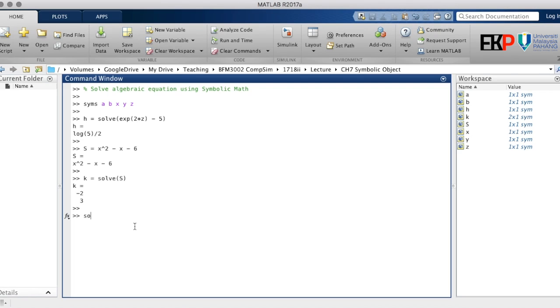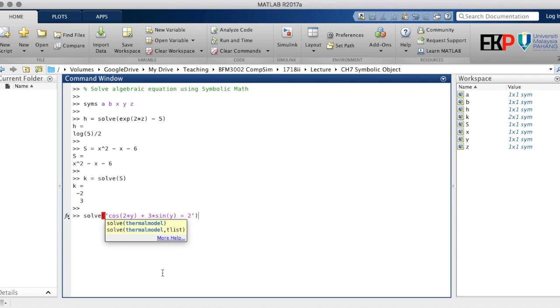Okay, we can also type in the expression within the solve command by using strings. The equation is typed in as a string. For example, cos of 2 times y plus 3 times sine of y is equal to 2.